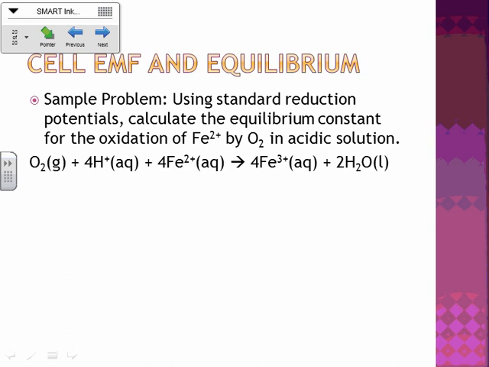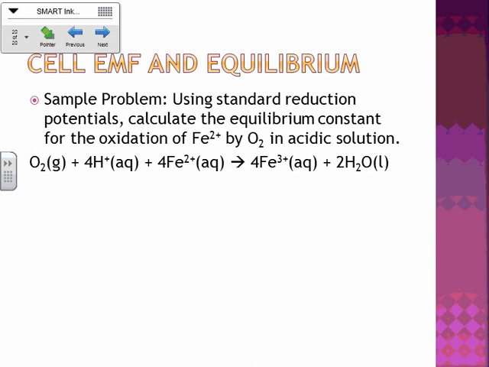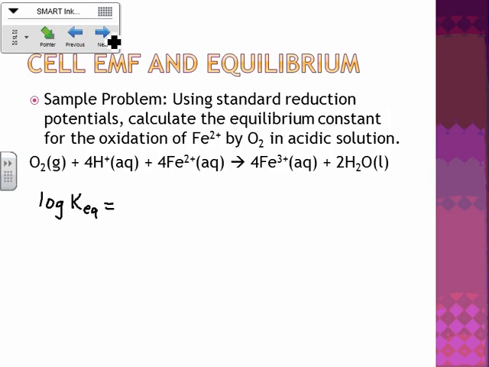Because at equilibrium, E is equal to 0. What we've got here is this equation, probably the one that would be easiest to use here. Just the log of the equilibrium constant is equal to nE0 over 0.0592.